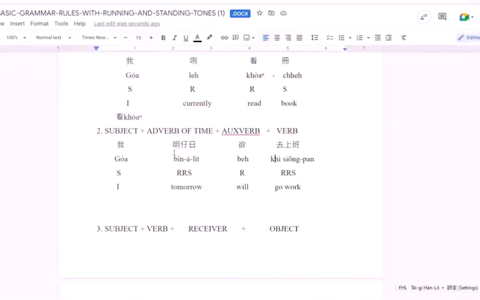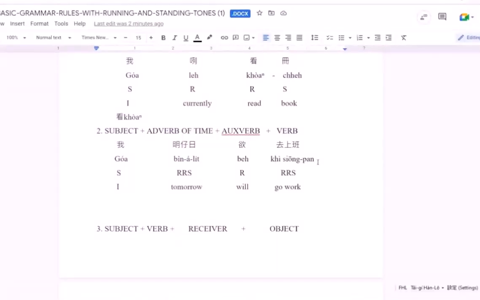If I say each of these words in just the standing tone, it will be gua bin a dit be ki xiong pan.